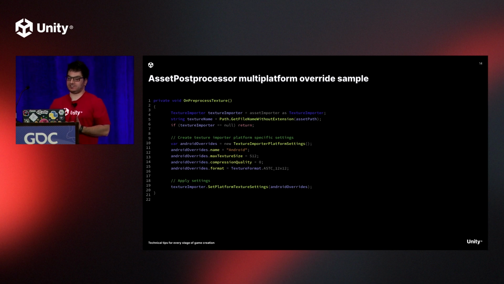You can see how this is going to be powerful if I start adding more conditions here. So what if right before I apply the settings, I check if a texture is named a certain way, or it includes a certain keyword in it, like char, for example, for characters, or it comes from a specific folder, and then I branch off and do different types of rule application depending on what my conditions are.